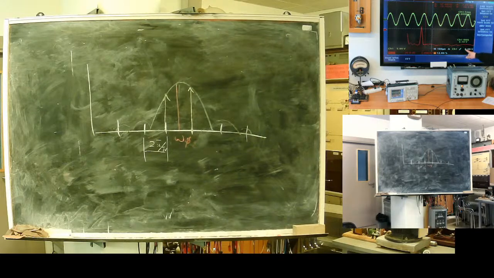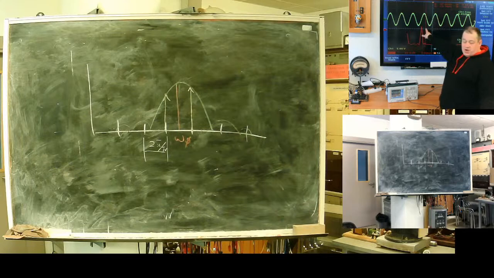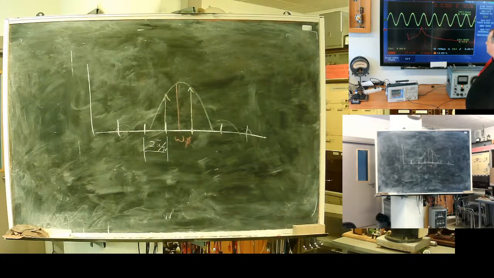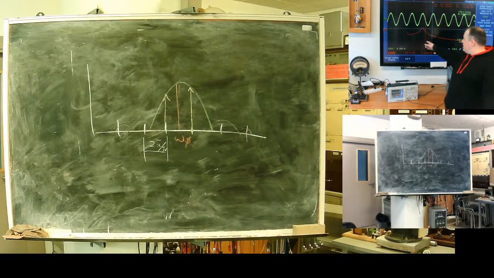This one is the best one, when the signal frequency matches one of the grid lines of the scope. This one is the worst case, when the signal frequency is exactly between the grid lines of the instrument.